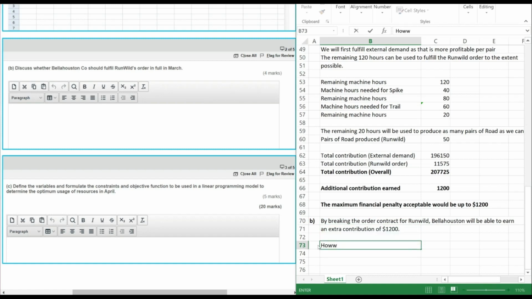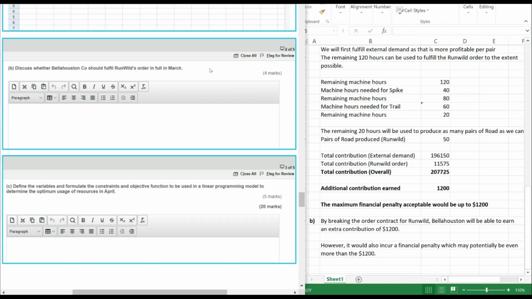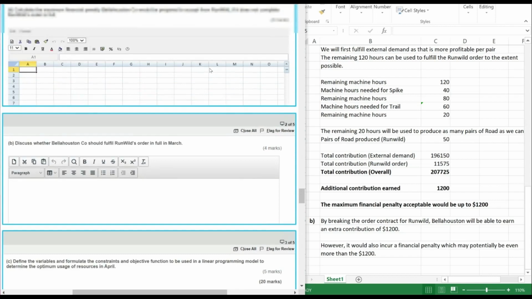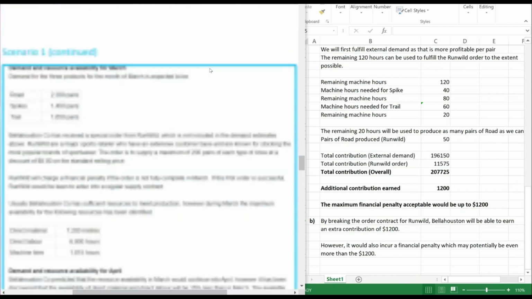However, it would also incur a financial penalty which may potentially be even more than the $1,200. But ignoring the financial penalty, if you break the agreement, what will happen? Your reputation will take a hit. Runwild will tell everyone they know that Bella Houston is not a trustworthy supplier, they did not fulfill our order, and our reputation will take a hit, and potentially we lose out on other customers as well.